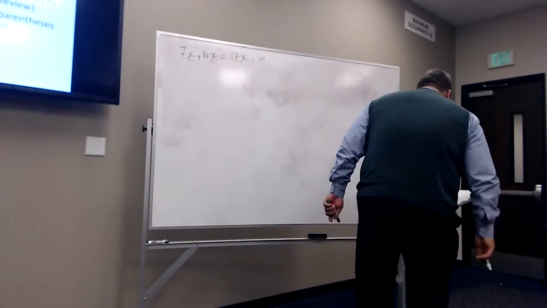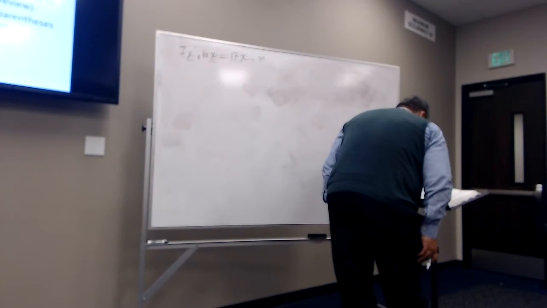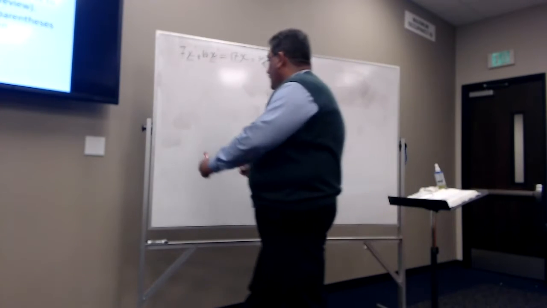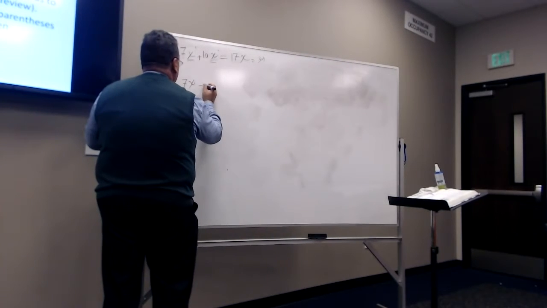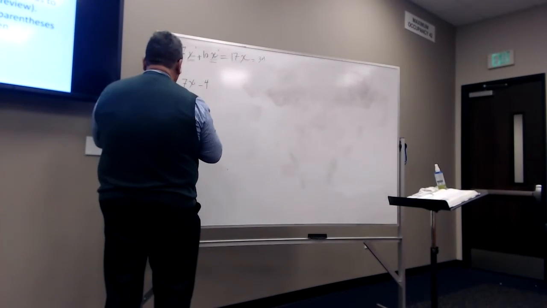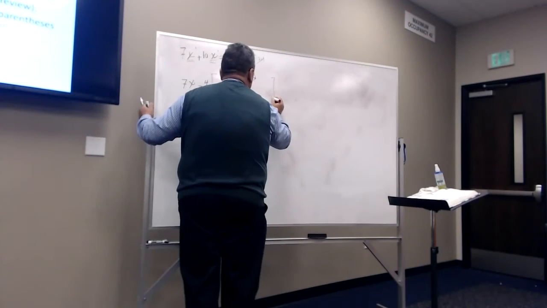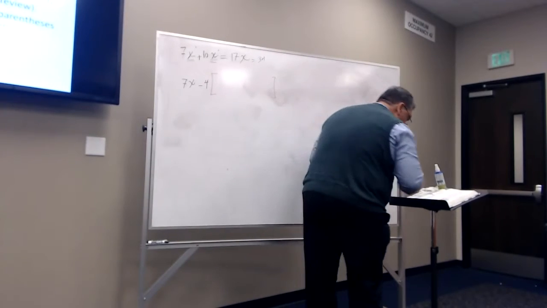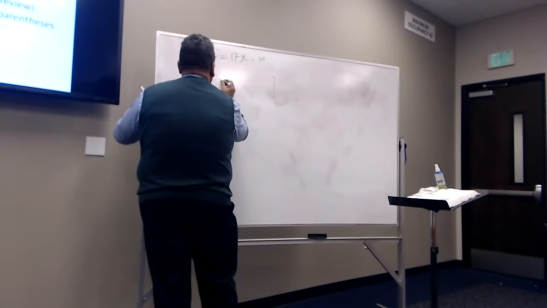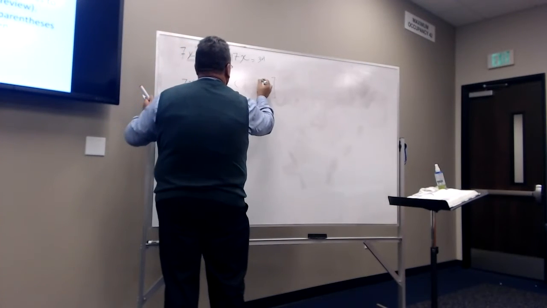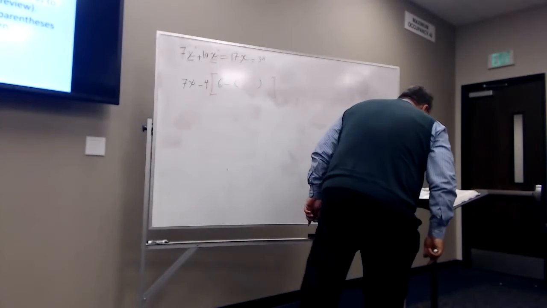All right. Let's look at number 62. 7x minus 10. 7x minus 4 and here is 6 minus 8 minus 5x.